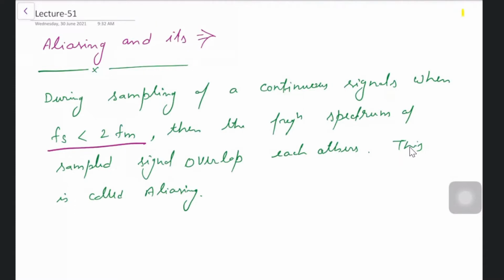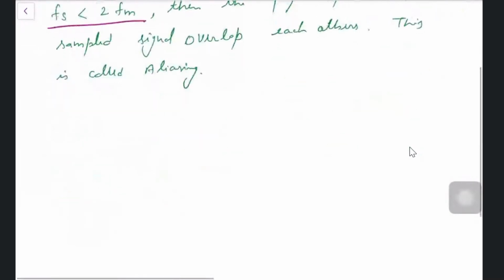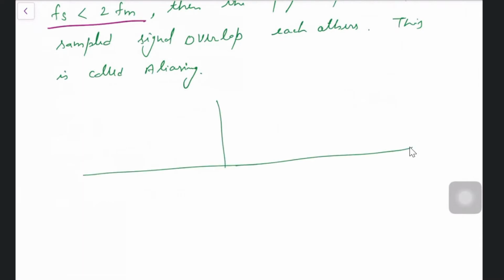So the condition is when fs is less than twice of fm, in that case aliasing will occur, because the spectrum will overlap. If you remember, that is the diagram we have drawn. Same in the negative direction.